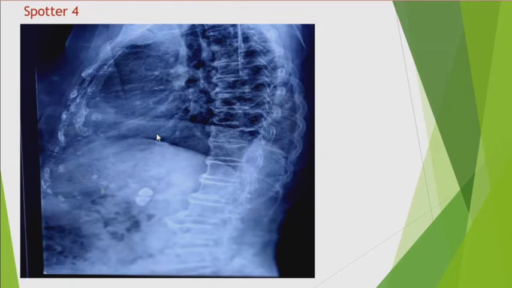So, this is an X-ray lateral view showing an opacity in the middle zone, sir. You mean this one? No, sir, above. This one? Yes, sir. What do you think it is? It's a kind of fibrosis, sir.